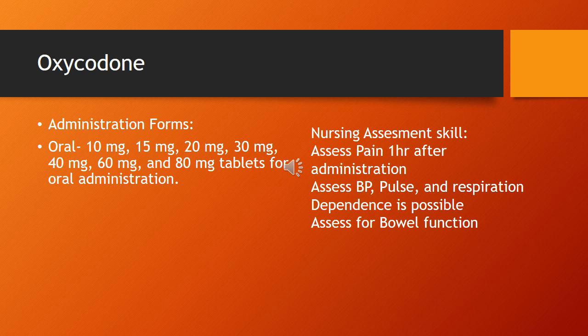When looking at nursing assessments for patients who are on oxycodone, you're going to want to assess the pain 1 hour after initial administration, see if there's been any changes in pain, and then along with that we're going to assess blood pressure, respiration, and assess bowel functions, and then if the respiratory rate is low, consult the doctor, definitely, for sure.